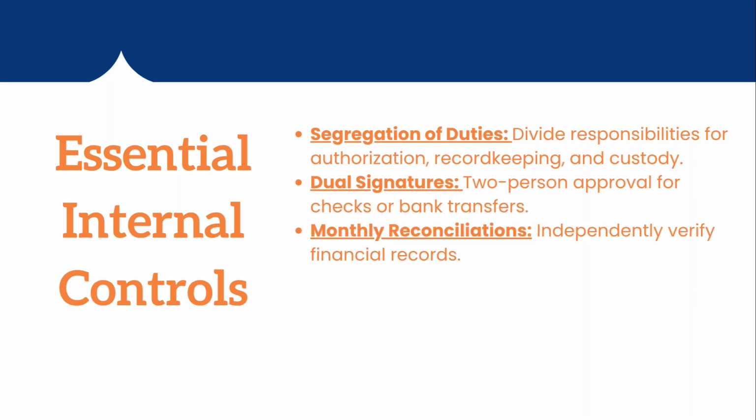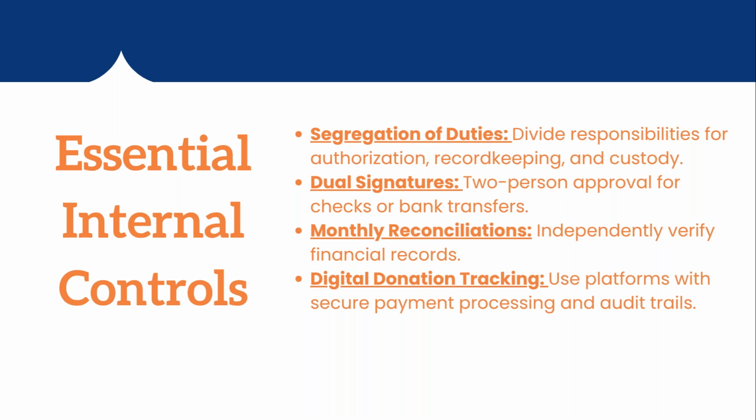Have monthly reconciliations and independently verify financial reports. Along with having two people, have a third person or outside organization do independent financial record checks and reconciliations. And receipts and approval policies: enforce strict rules for documentation and supervisor sign-offs.